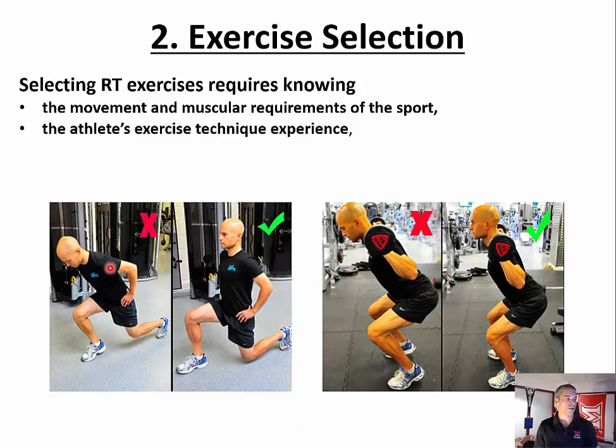And what we're looking for here for the lunge is taking a long step and having the knee basically tracking over the toes, hands on the hips if they're not holding any dumbbells, torso is erect. And here for the barbell back squat, again, we're looking for the same thing, kind of hinging at the hips and having the knees here over top the toes as the athlete is lowering the weight. So again, proper exercise technique is going to be important here for overall performance, but also safety of the individual performing the lift.